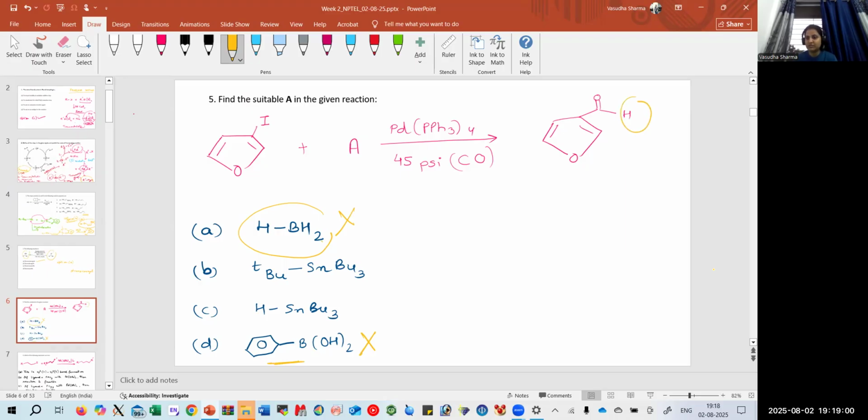Even if this is applicable, we need a base to activate it. So this is not going to work. Only the Stille reaction where the tin is involved can work. Now, we have a hydride over here where the CO will insert. So the A has to be HSn(n-butyl)3. So this is the aldehyde formation using the Stille reaction.